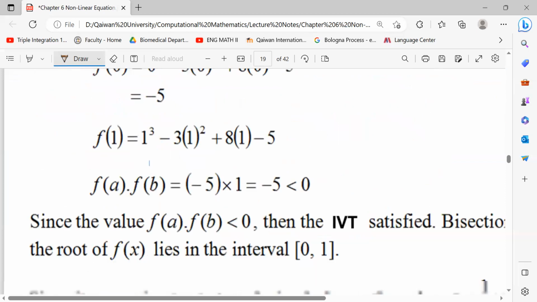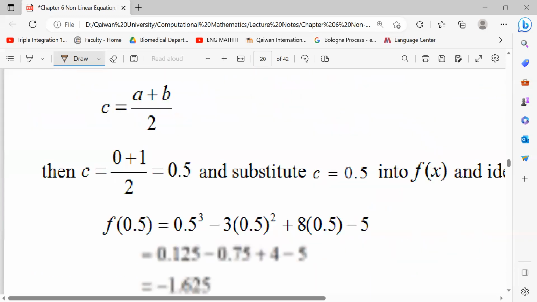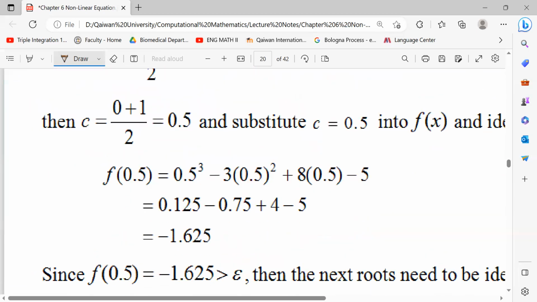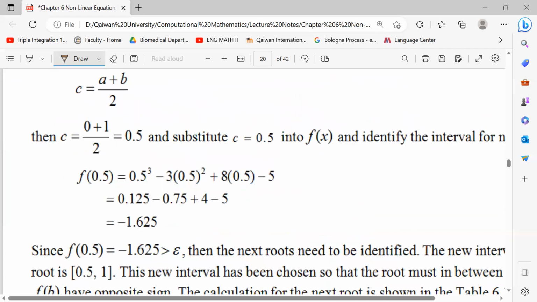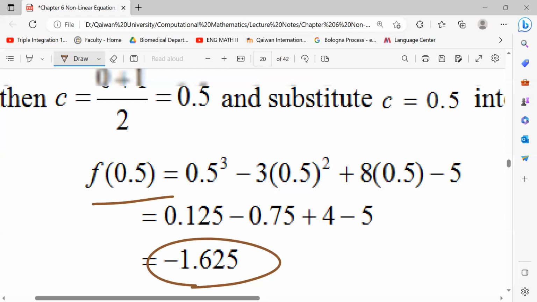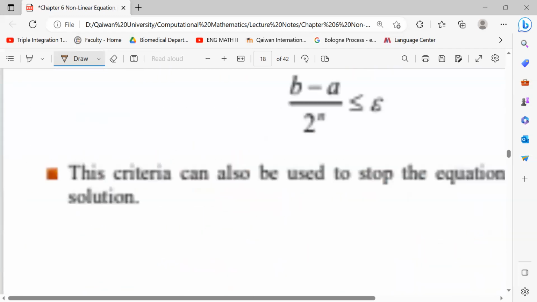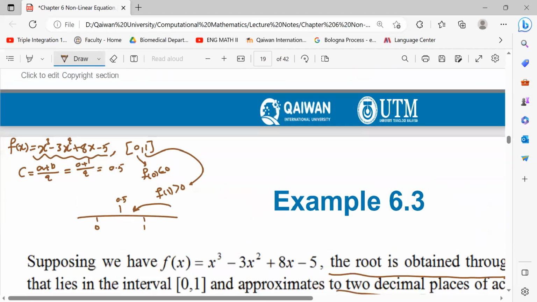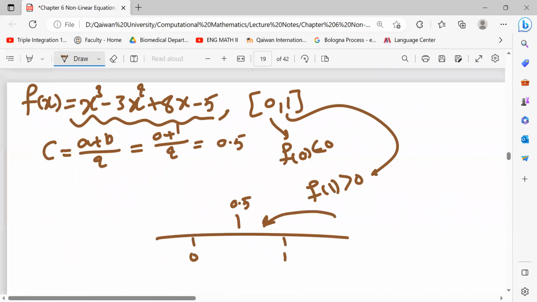Let me check. f of 0.5 is negative, as you see. Let's return here. We say f of 0.5 is negative. So what's our new interval?